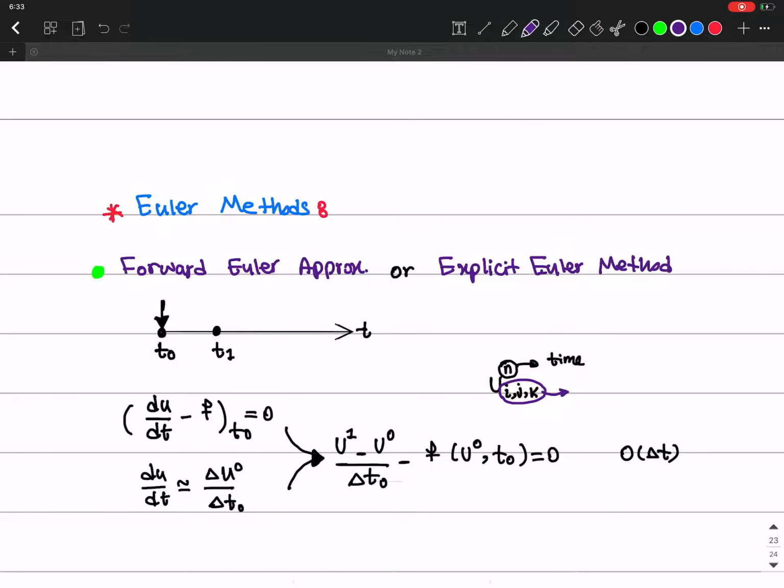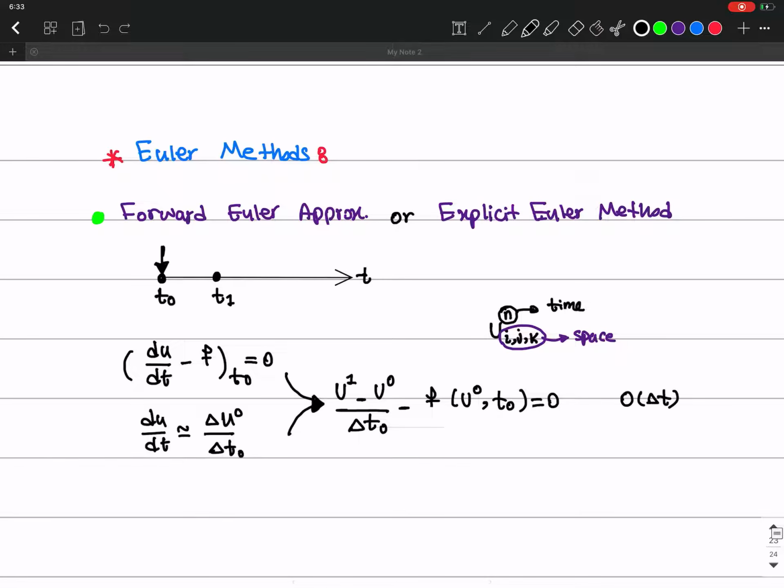This is a nomenclature convention that makes it easier to follow, but you might see that some people put time also at the bottom, like u1 minus u0. I think this way is more standard, and you can follow this convention.